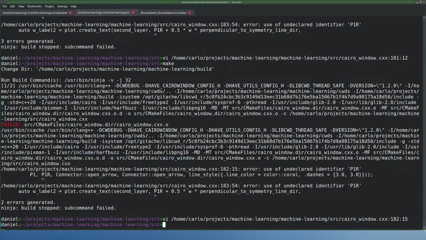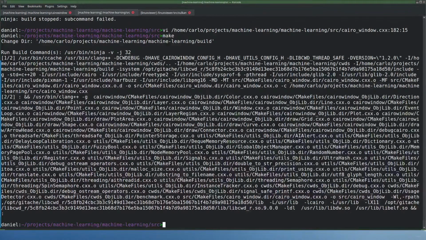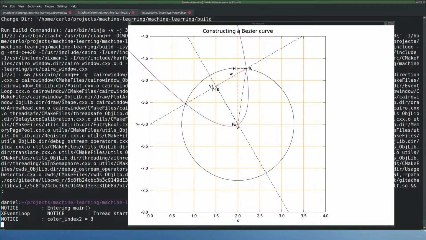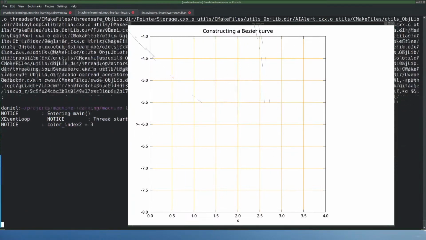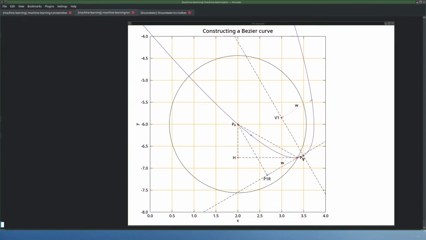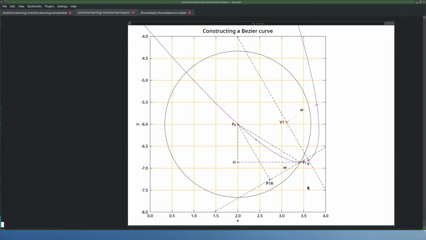Plot P1R is derived from a point. So now we have also a connector here. So see, the beauty of this is that this, let me, well, I don't know.